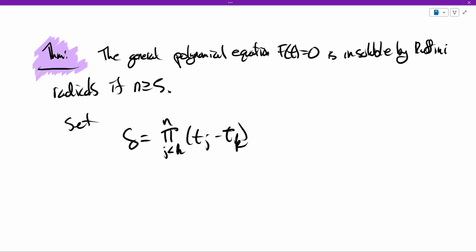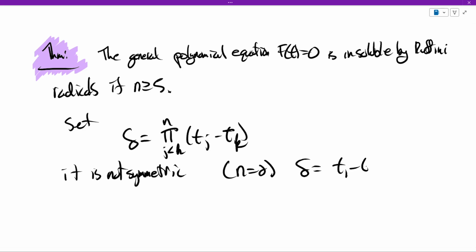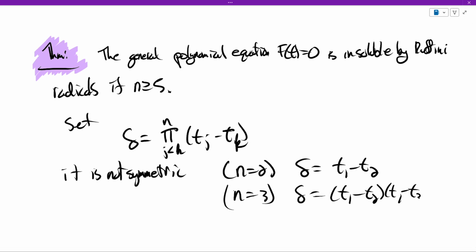So the one on the left is always less than the one on the right. This one is not symmetric. For example, if n is 2, delta is just t1 minus t2. If n is 3, delta is t1 minus t2, t1 minus t3, t2 minus t3.